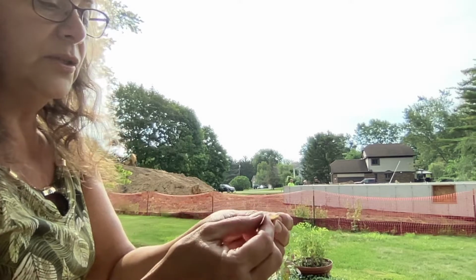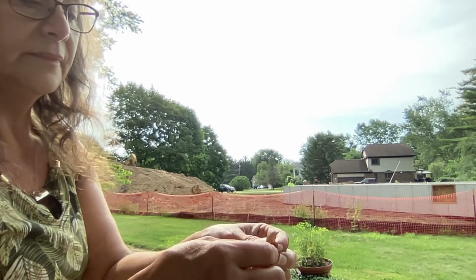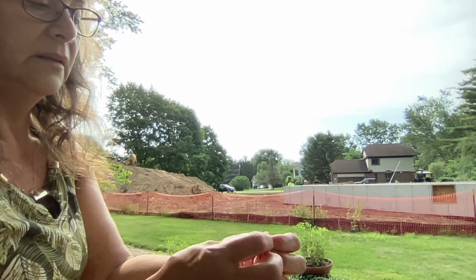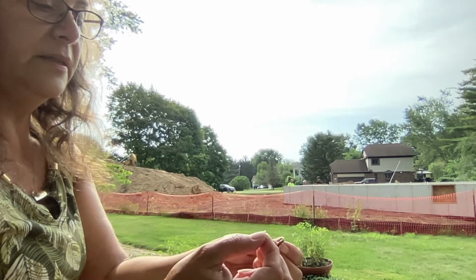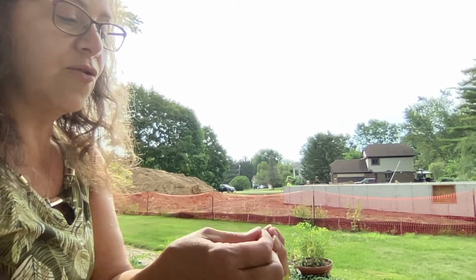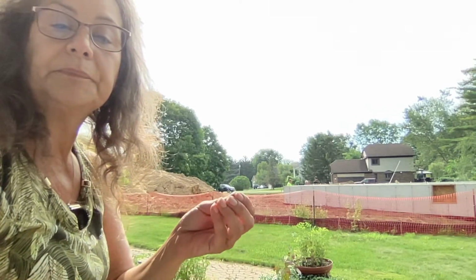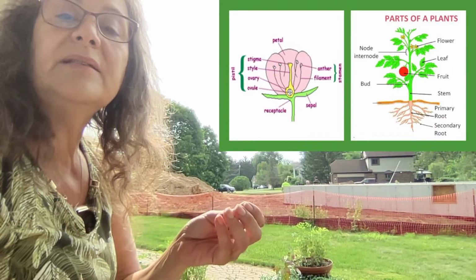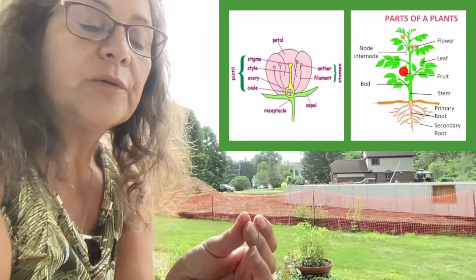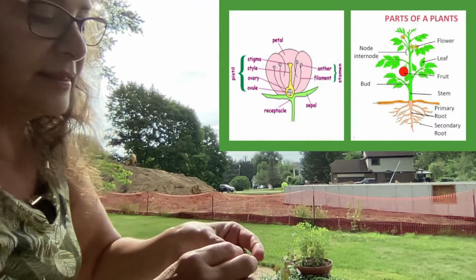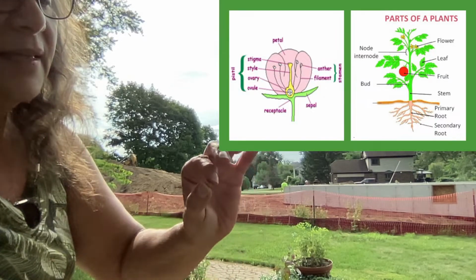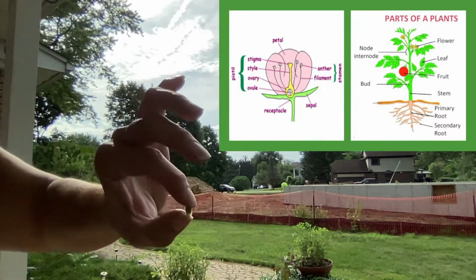I also then took a look at the seed. So here's the seed. And if we look at our picture here, we can see that the seed has an ovary on the outside that protects the inside seed.